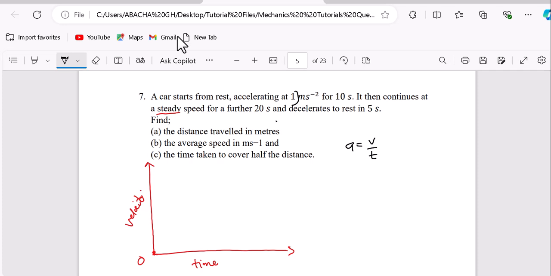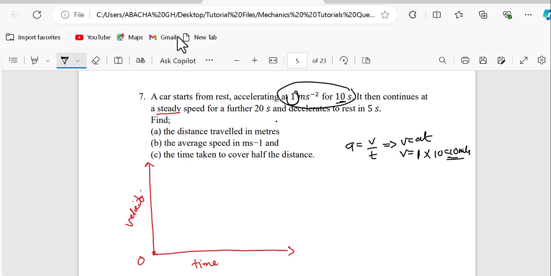Okay, let me say, sorry, v equals acceleration times time. The acceleration is 1 and the time is 10, giving us 10 meters per second. So the velocity there is 10.